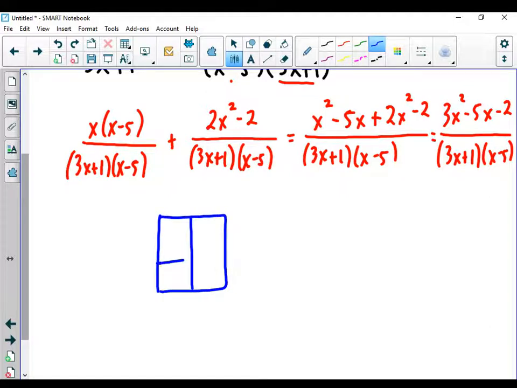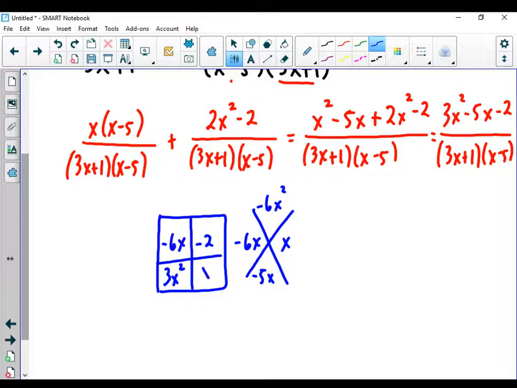So I'm going to put this into my generic rectangle and see what I can come up with. So I got 3x squared and negative 2, which again means I need negative 6 when I multiply and negative 5 when I add. So that's going to give me negative 6 and 1. So that's what I'm going to put inside my empty boxes there.